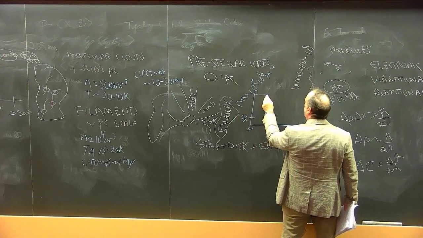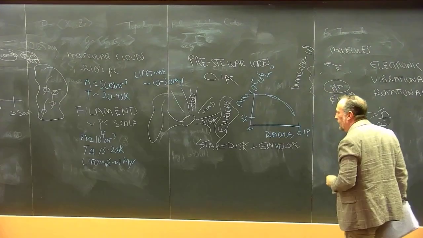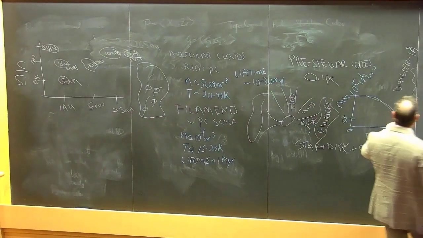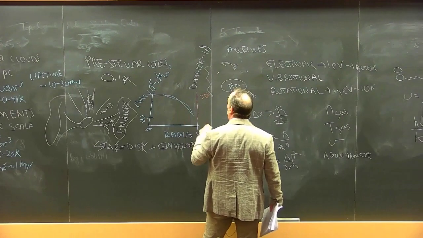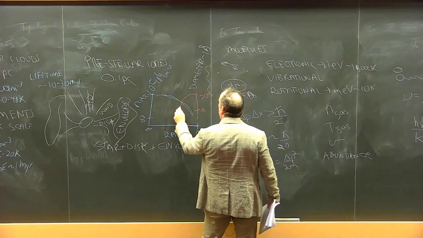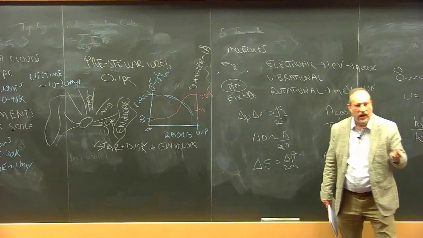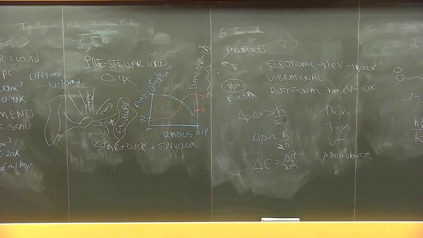It's kind of flat for a bit, and then goes down. And the temperature, I'll stick over here, it's about 20 K, whatever the filament is. Here's 10 K, and it kind of goes like that. And it falls to maybe 5 degrees above absolute zero in the center of that body.